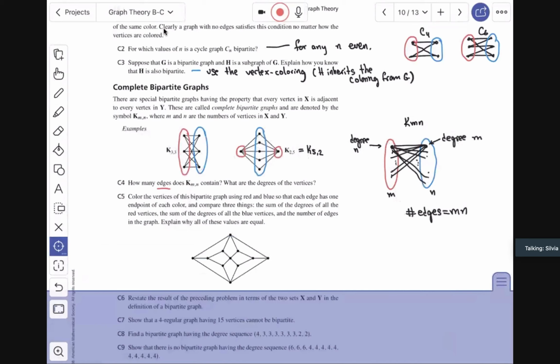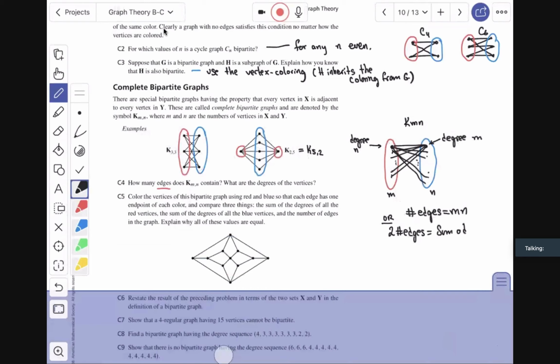Okay, this problem over here is to illustrate what I just said in this part here. Now, twice the number of edges is equal to the sum of the degrees.